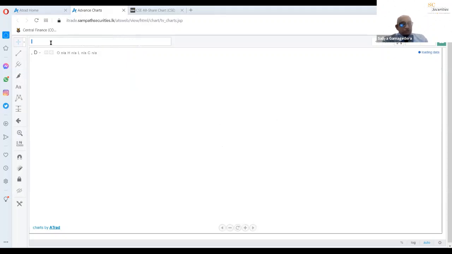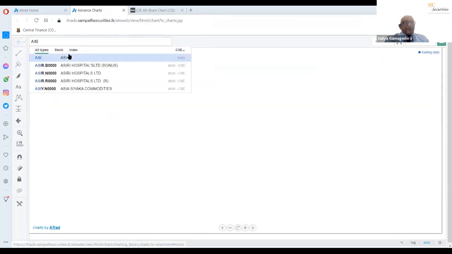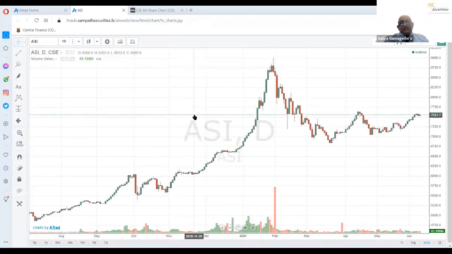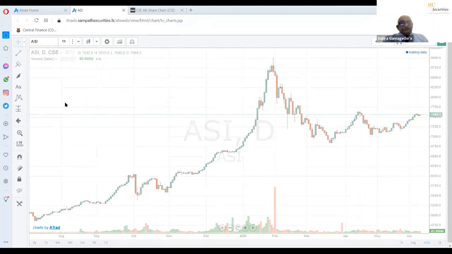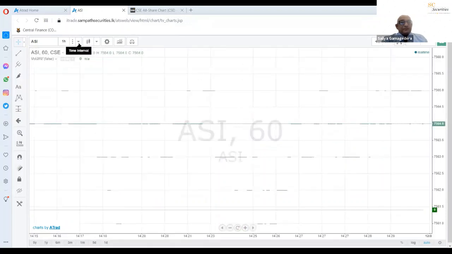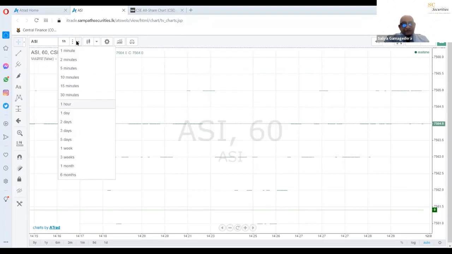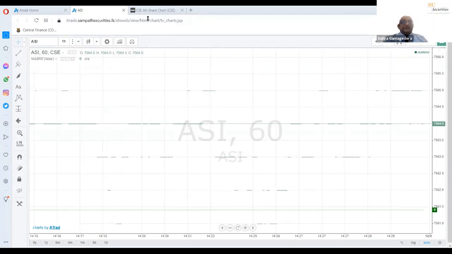Over here, we have to choose the security. By default, you will see the candlestick chart. But if you go to shorter time frames, like a 1 hour chart and downwards, you will get data of this nature, which is not user-friendly for our analysis.